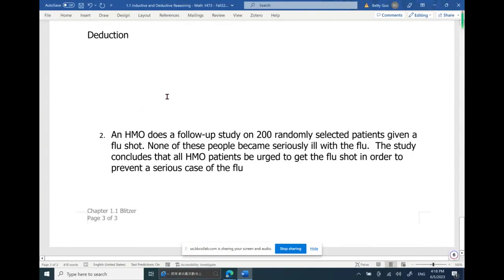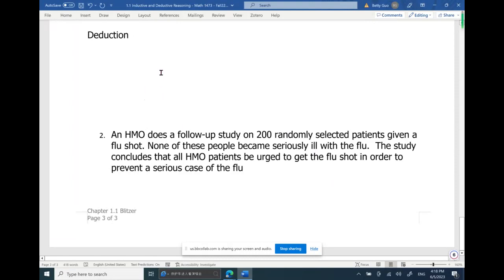an HMO does a follow-up study on 200 randomly selected patients given a flu shot. None of these people became seriously ill with the flu. The study concludes that all HMO patients should be urged to get a flu shot in order to prevent a serious case of the flu.